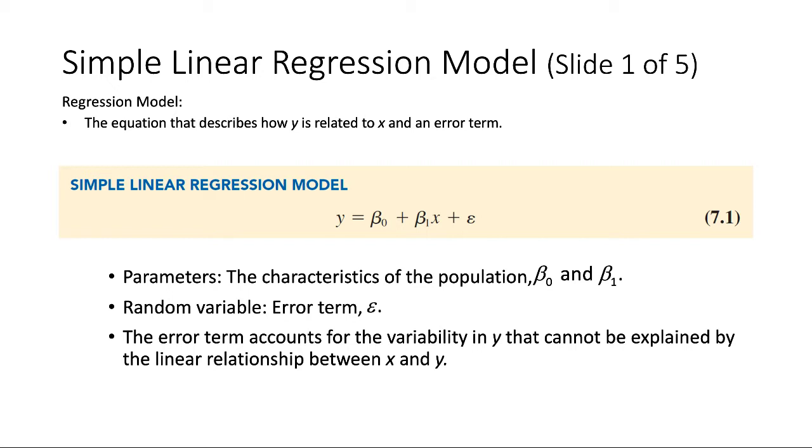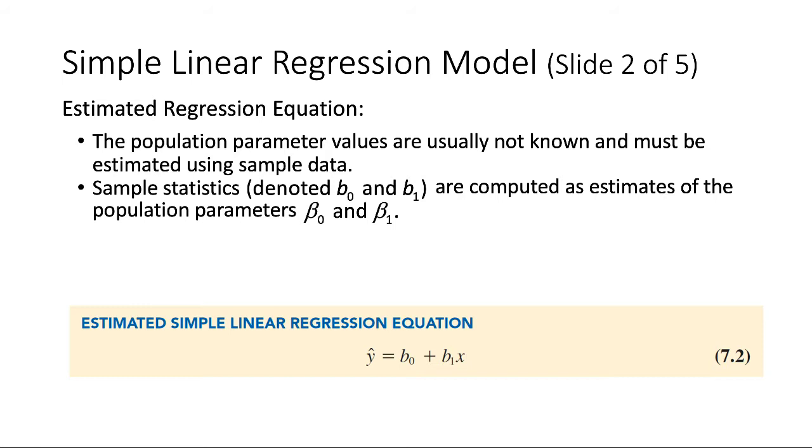In the trucking company's example, the population consists of all the driving assignments that can be made by the company, and for every driving assignment in the population, there's a value of x, miles traveled, and the corresponding value of y, which is the travel time in hours.